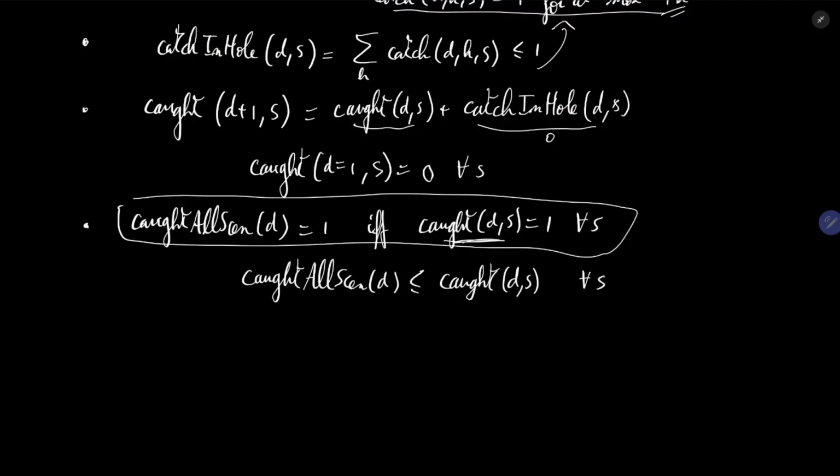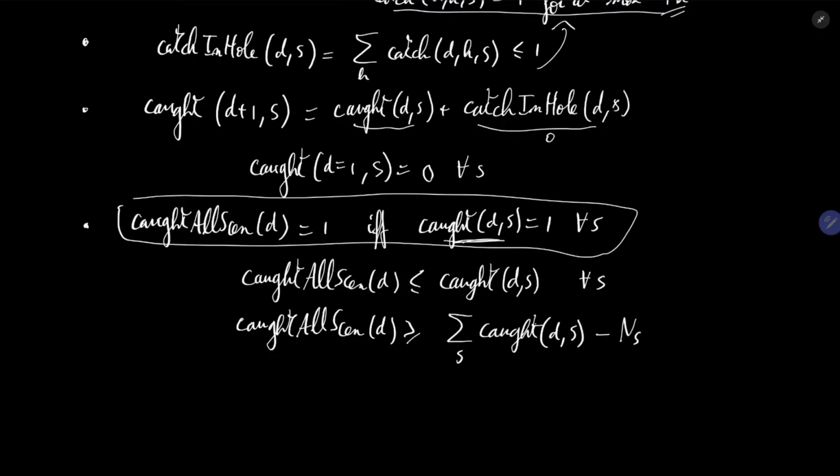And the way to ensure that is to use a lower bound where we say that caught all scenario d is greater than the sum for all the scenarios of caught ds minus number of scenarios plus 1. So why do we write that? Because if all the caught ds are equal to 1 for all the scenarios, then we will have a sum for all the scenarios of 1.